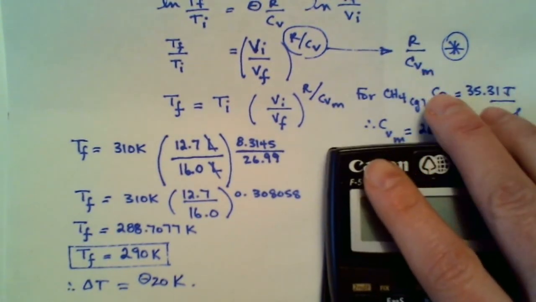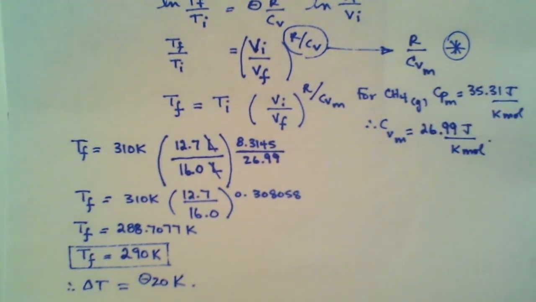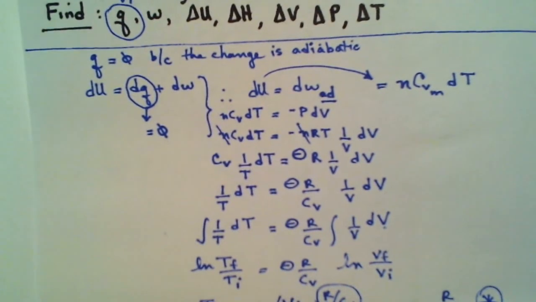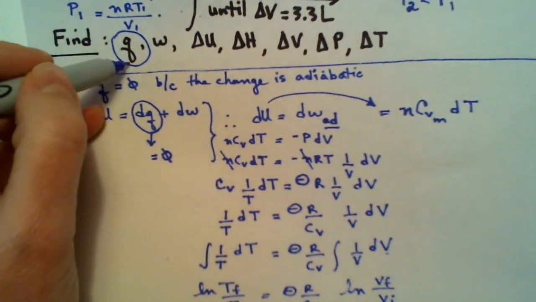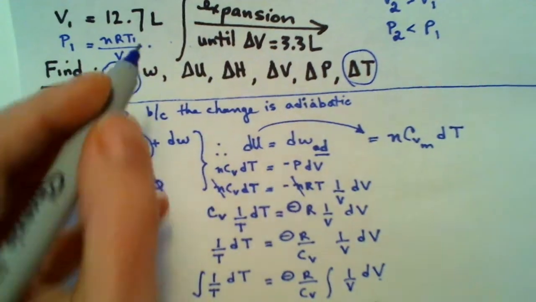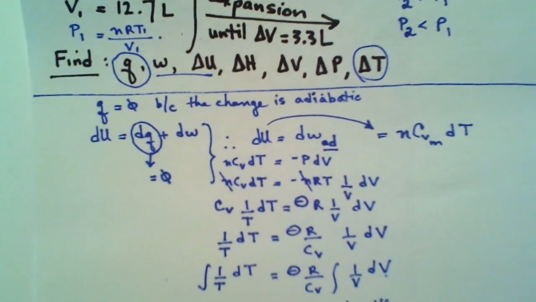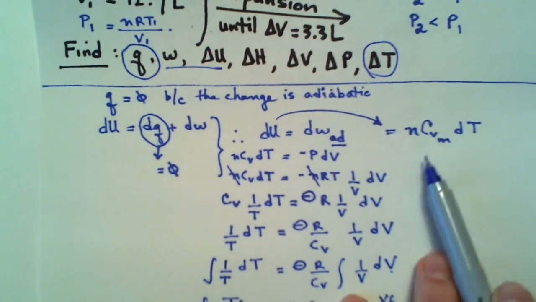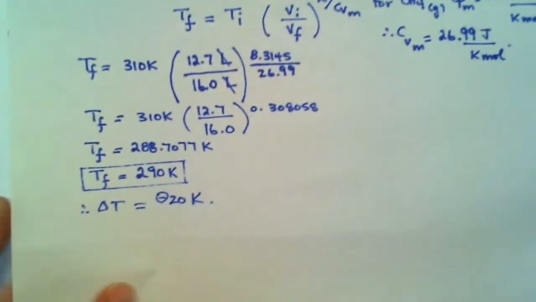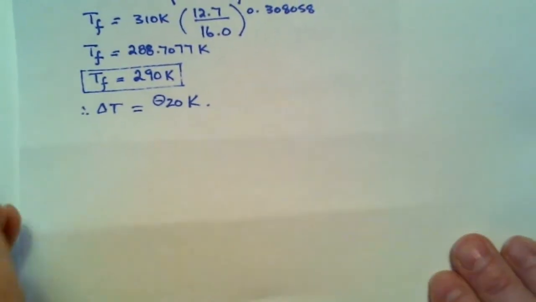Let's go back up here for a second. What have we got so far? That was 0. We just did delta T. So now we can do work and delta U because it's going to integrate here as N CV molar delta T. So let's do that.